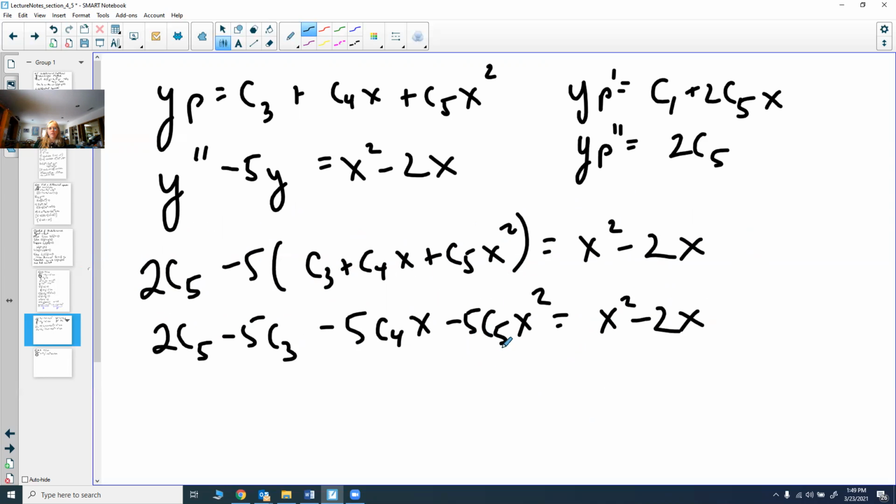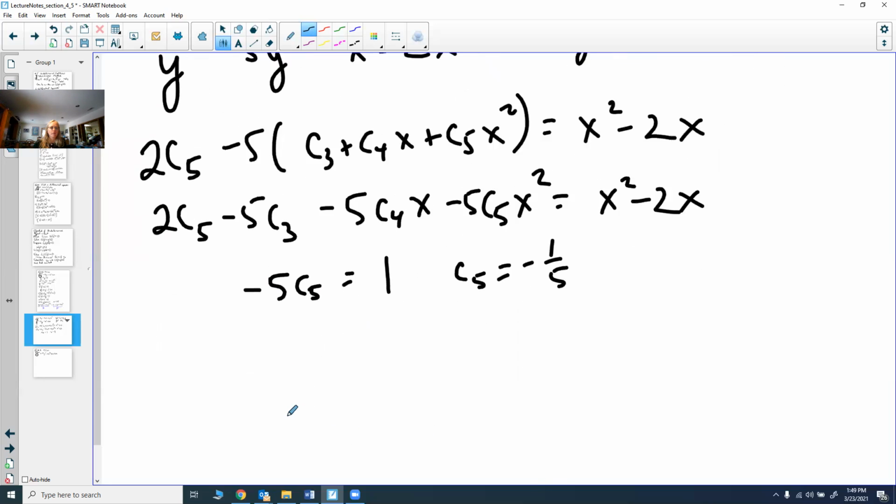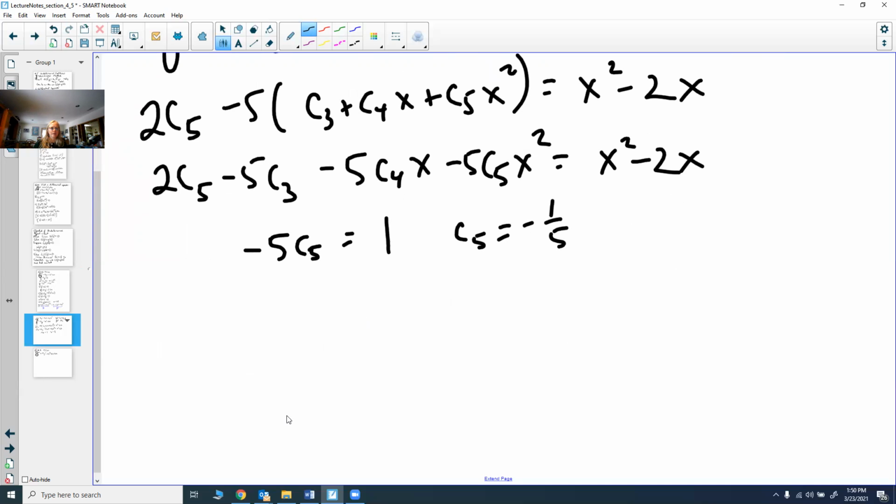My coefficient of x squared on the left-hand side of the equation is minus 5c5. My coefficient of x squared on the other side is 1. So that tells me that my c5 must be negative 1/5. My coefficient of x on the left-hand side is minus 5c4, and on the right-hand side it is minus 2.